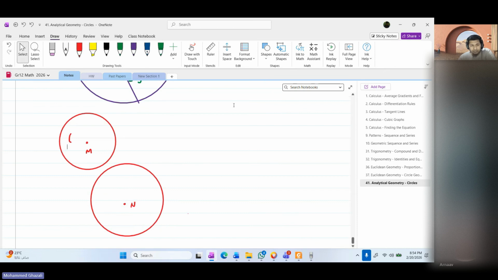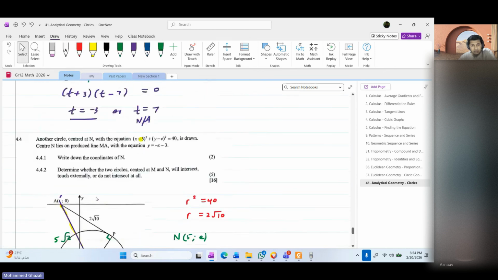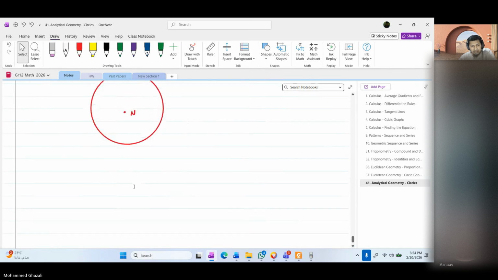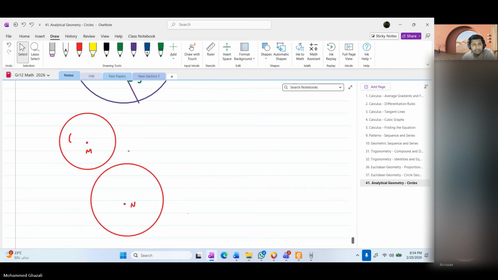What's the center of the first circle? The coordinates of M was 2 and -5. And the second circle was 5 and -8. Okay.